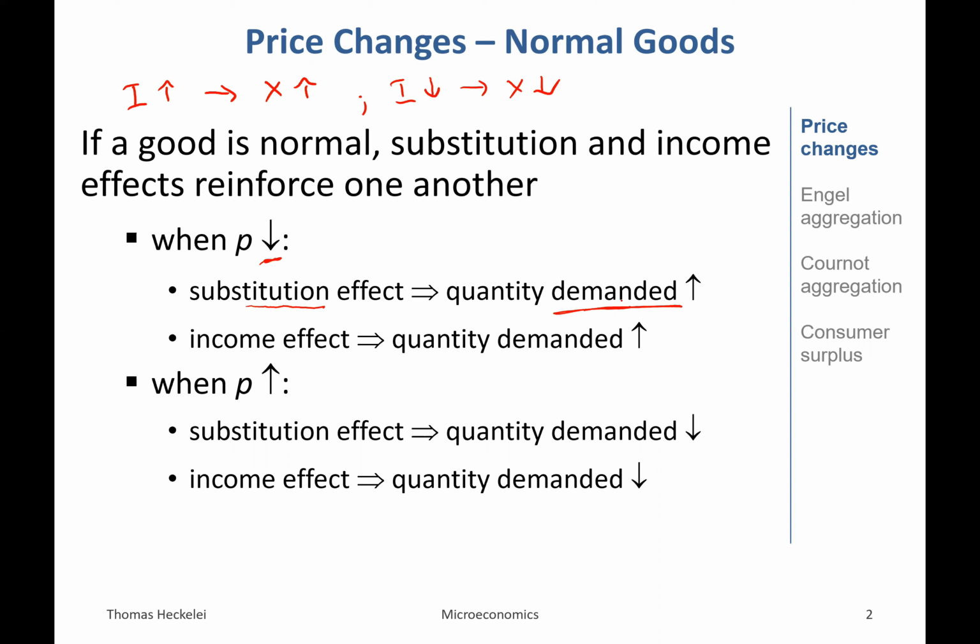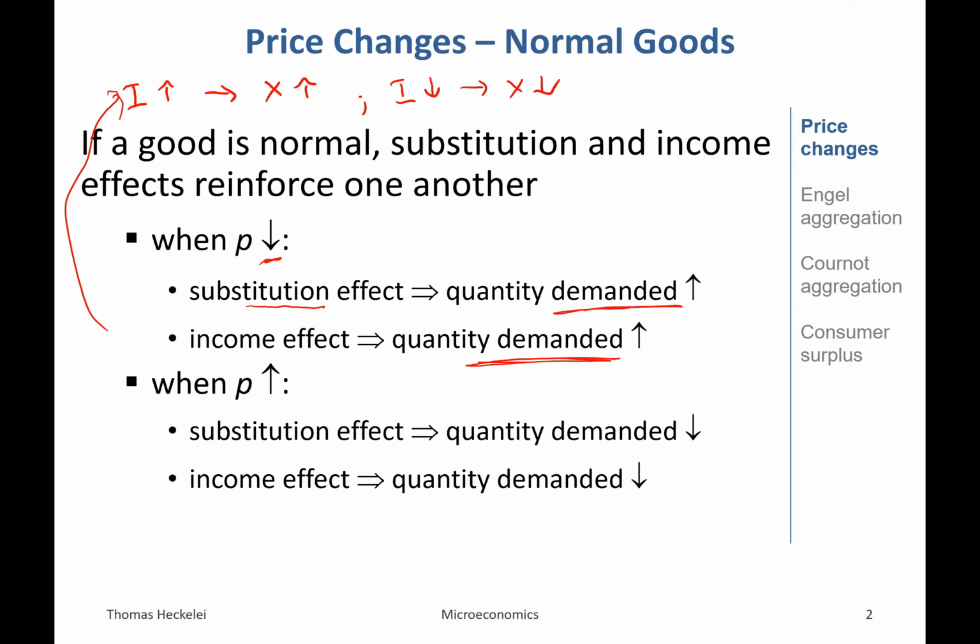And the income effect will be consistent with the definition that we just set, because a price decrease implies that your real income increases, right? You have more purchasing power. Because of that, you can buy more, and in the case of normal goods, you also demand more of that good.